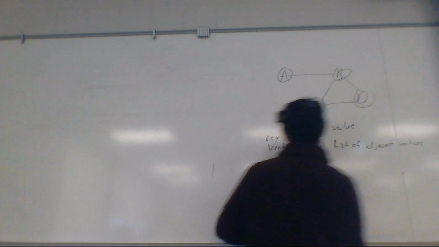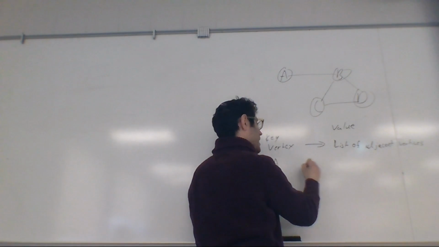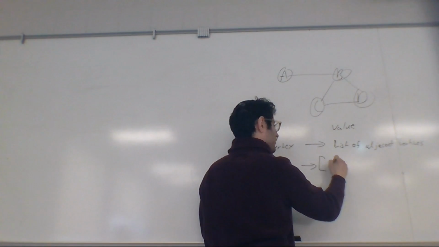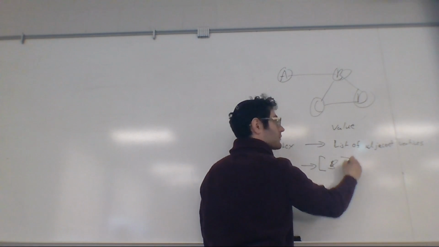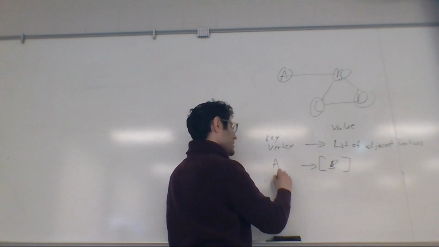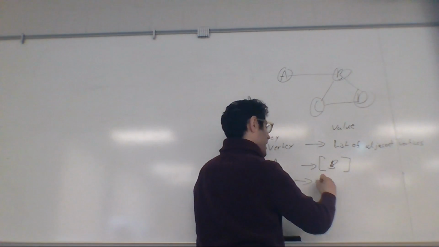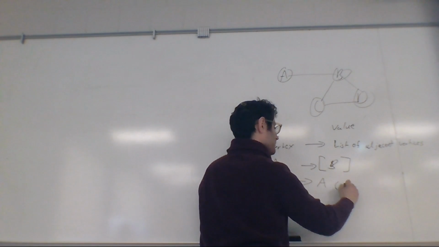A list of adjacent vertices. So A would have B. B would have A, C, D.